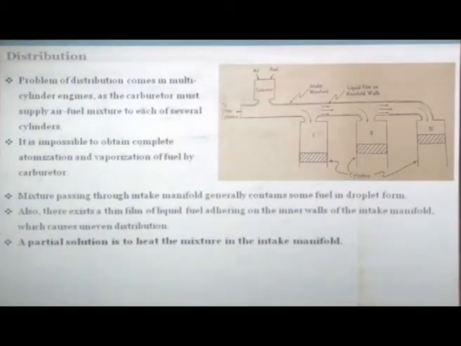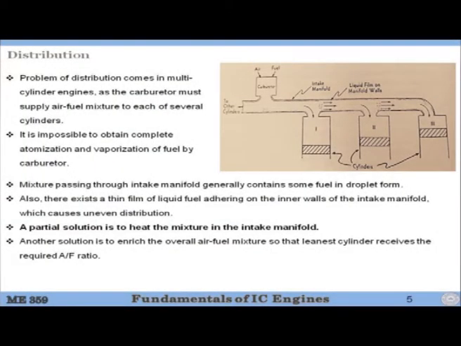So, I think this more or less in the spirit I have shown you that the problem of distribution is also there in case of a carburetor. For example, if there is a carburetor where you are putting air and fuel, and there it is a multi-cylinder engine. So, what will happen is that there will be air fuel vapor that will be created, there will be some droplets that will be traveling, and there will be a lot of film on the manifold walls.